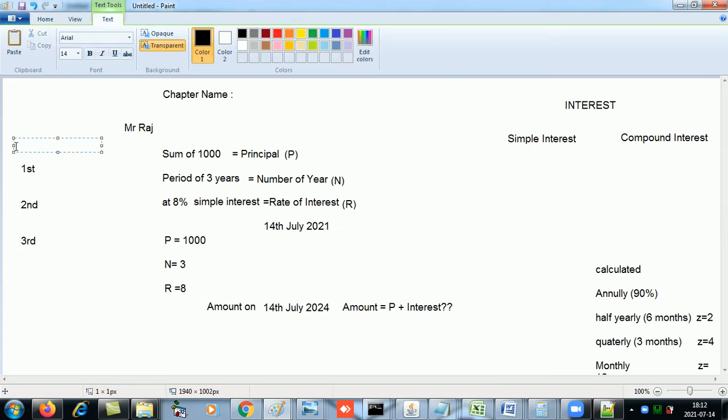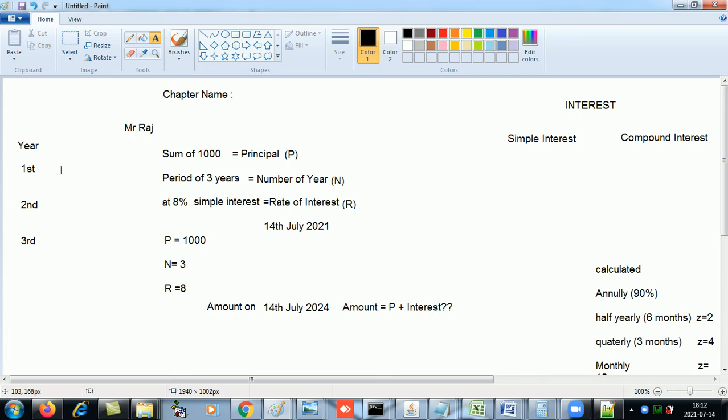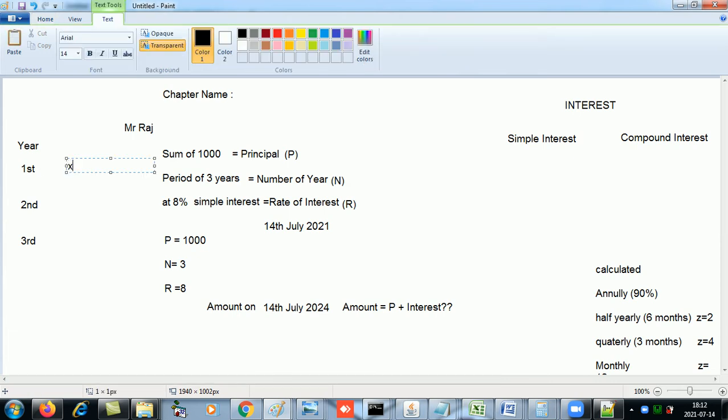So if in the first year the interest added is some X amount, second year also the amount will be the same. This is simple interest. Second year also will be X, third year also will be X. If it was kept for 100 years, then after the 100th year, after the century also that amount will be X. So if it is 100 rupees in the first year interest, now this is the interest I'm talking about.